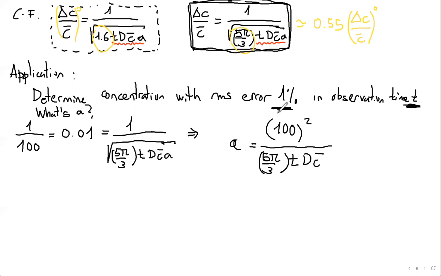Okay, this will be the size of the region in which the cell has to measure in order to have a desired 99% accuracy.